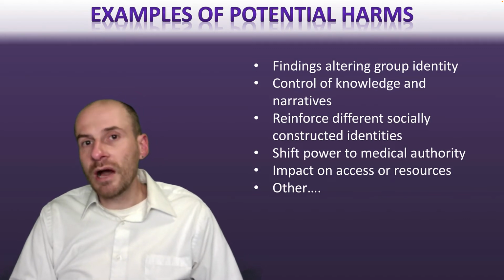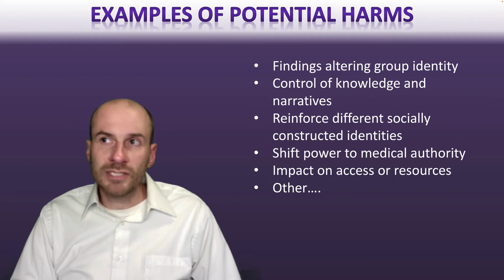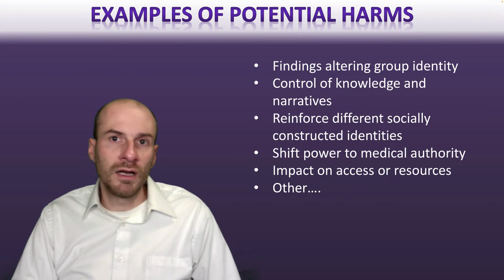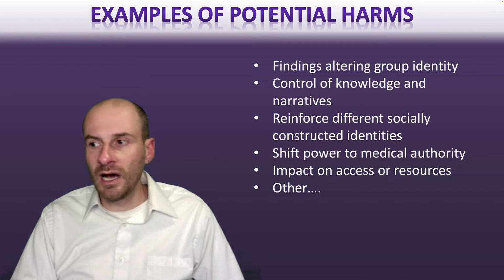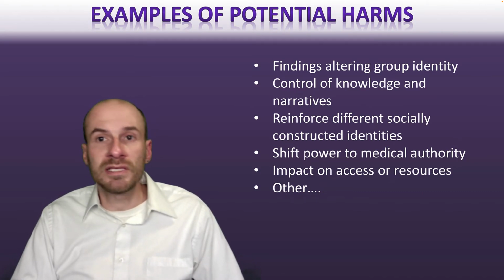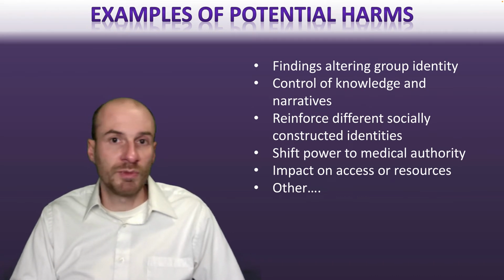Another thing that we see come up in health research is research that harms group identities. An example of this is for Native American communities, genetics, and the way that genetics has been used to define and sometimes tear apart different communities based upon the way that genetics defines whether someone's a member of a tribe or not in some contexts.